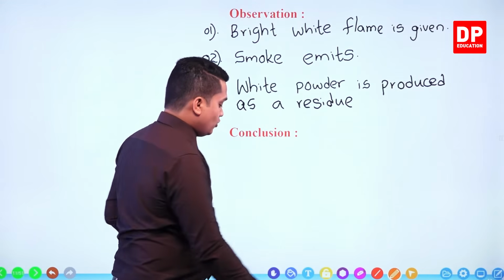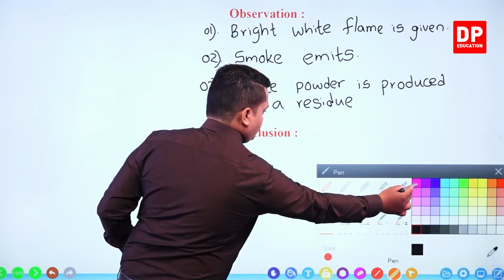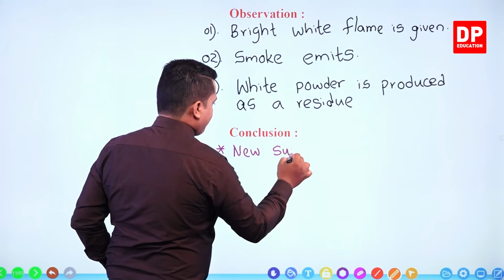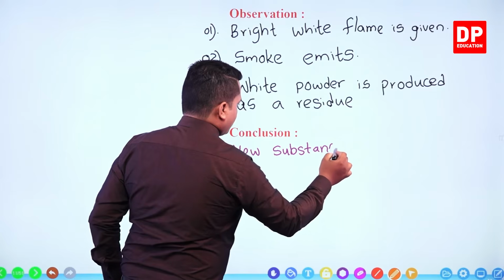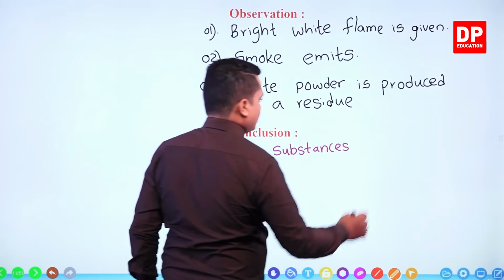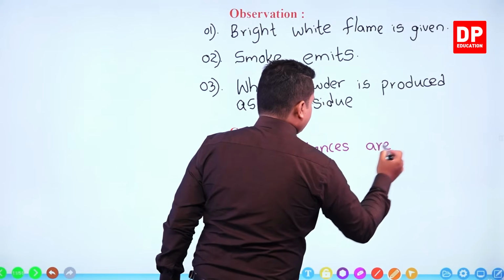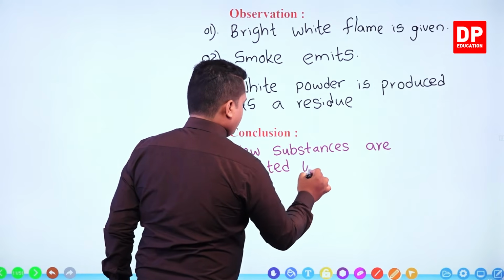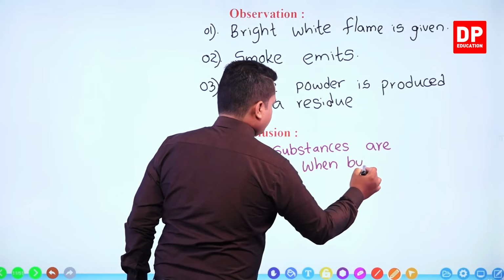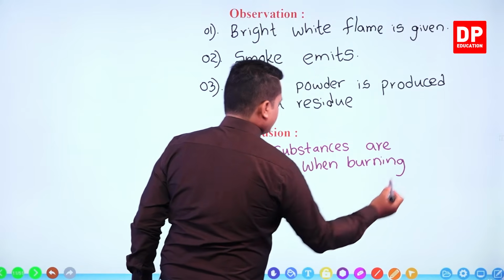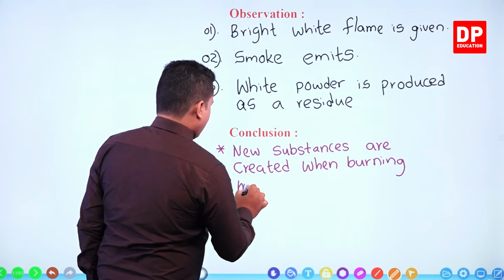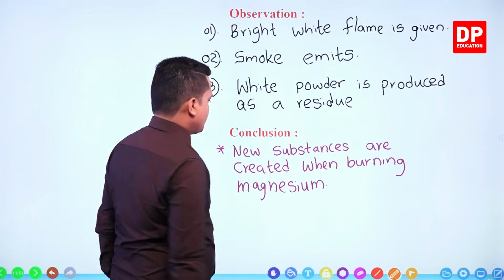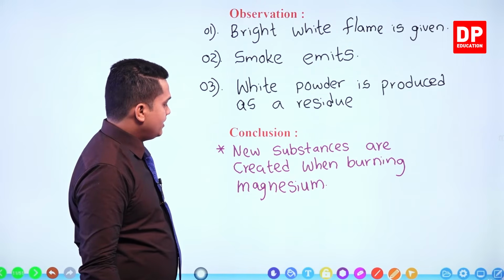So finally we can conclude that new substances are created when burning magnesium.